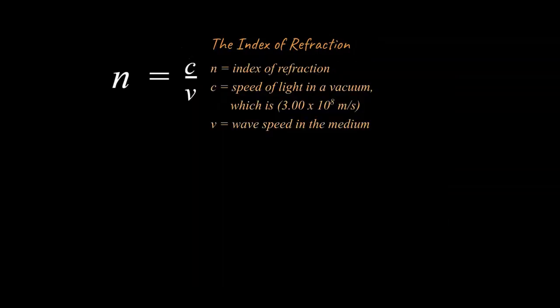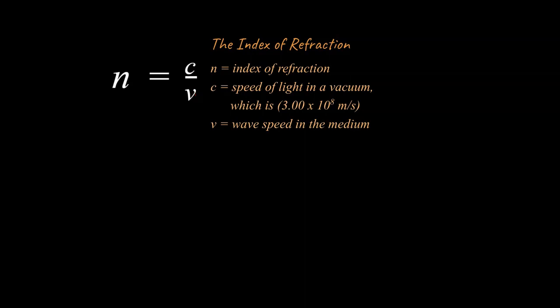All right, so first of all, there is a definition here, a mathematical definition, or you could say a very simple equation, however you want to look at it, called the index of refraction. The index of refraction is just a unitless number. Why is it a unitless number? Because it's a ratio of the speed of light over the wave speed, the speed of the wave in the medium that we're talking about.